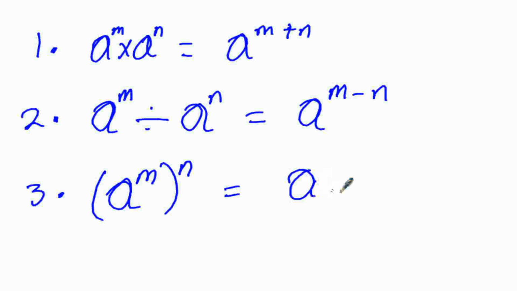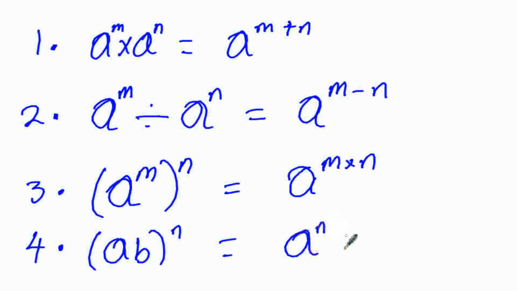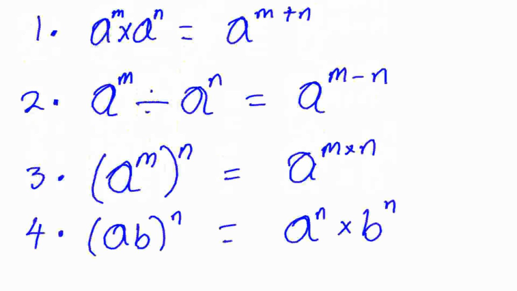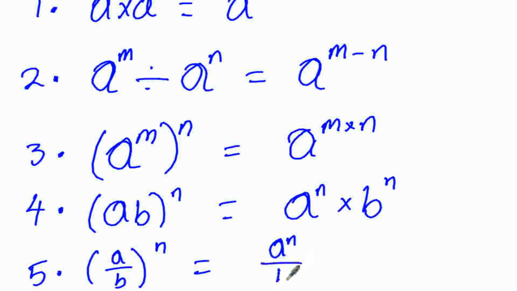It's the same as multiplying those two powers, so m times n. The fourth one is AB power n is the same as A power n times B power n. And the fifth one is a over b power n being the same as a power n over b power n. Thank you.